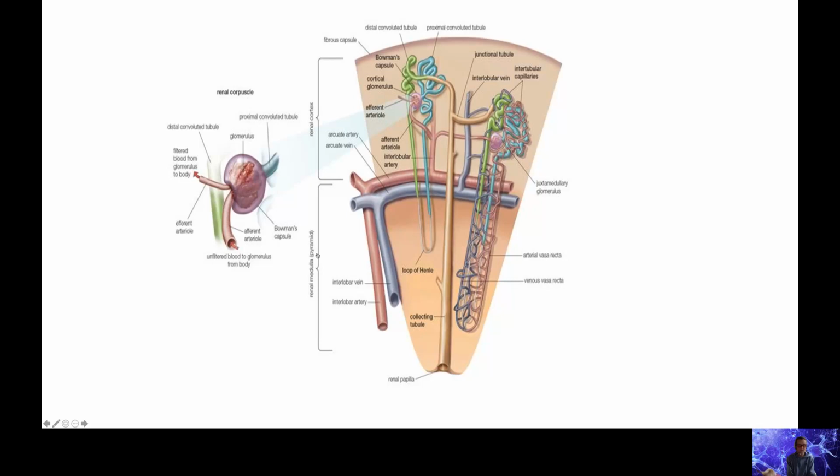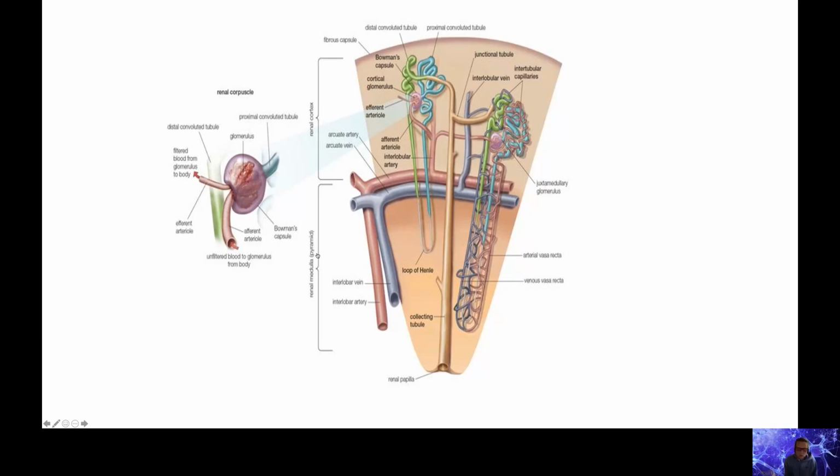So the renal corpuscle is the combination of the Bowman's capsule, or the glomerular capsule, and the glomerulus. And again, that is where the first step in urine formation, glomerular filtration, occurs.